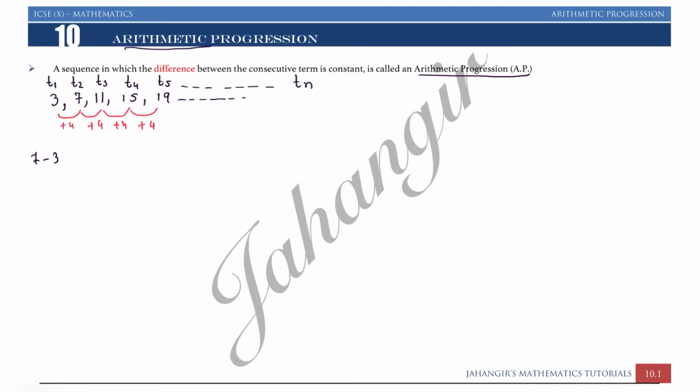Okay, so first we will check that the differences between consecutive terms are the same. See, 7 minus 3 is 4, 11 minus 7 is also 4, 15 minus 11 is also 4, 19 minus 15 is also 4. Whenever you have to prove whether a sequence is in arithmetic progression, that is AP, you have to always show the difference between the consecutive terms is the same.